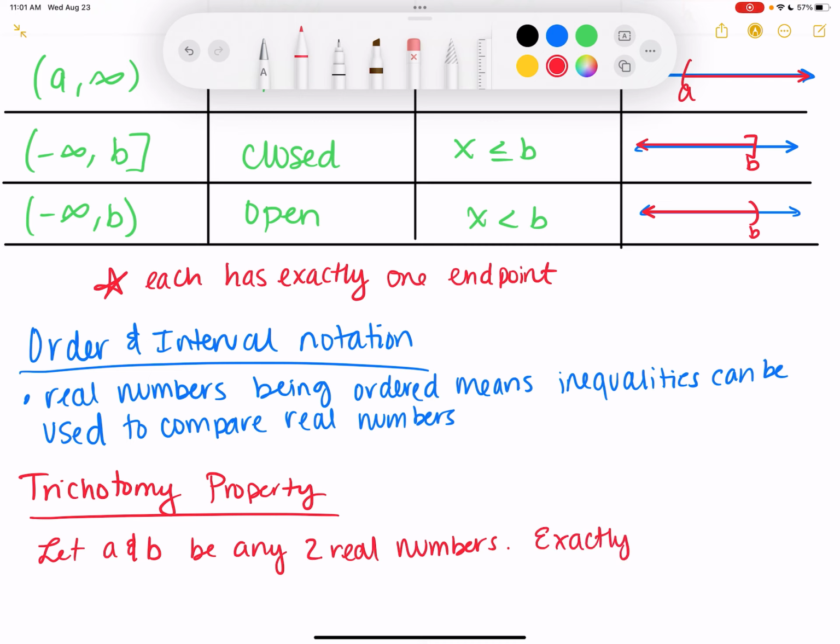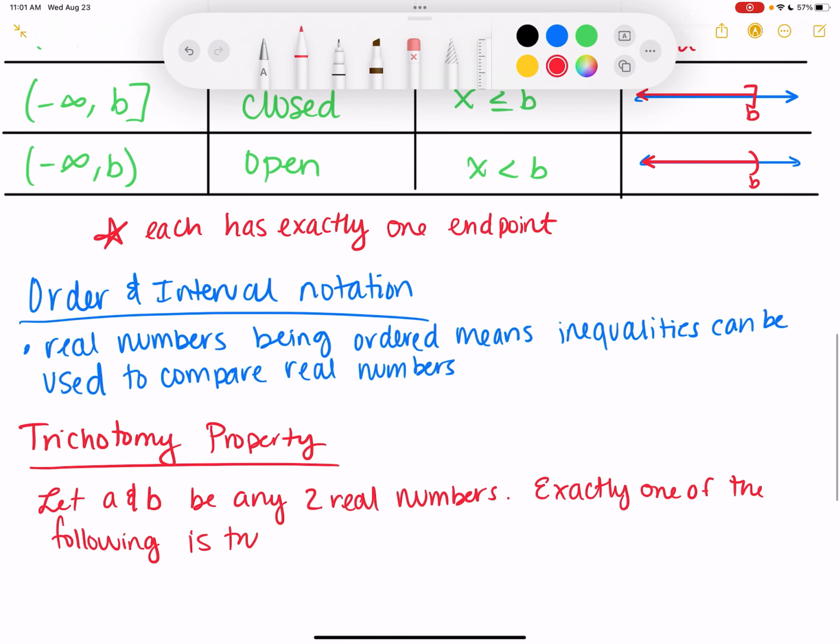Exactly one of the following is true. Wow, I can't spell true. That's awkward. A is less than B, A is equal to B, or A is greater than B.